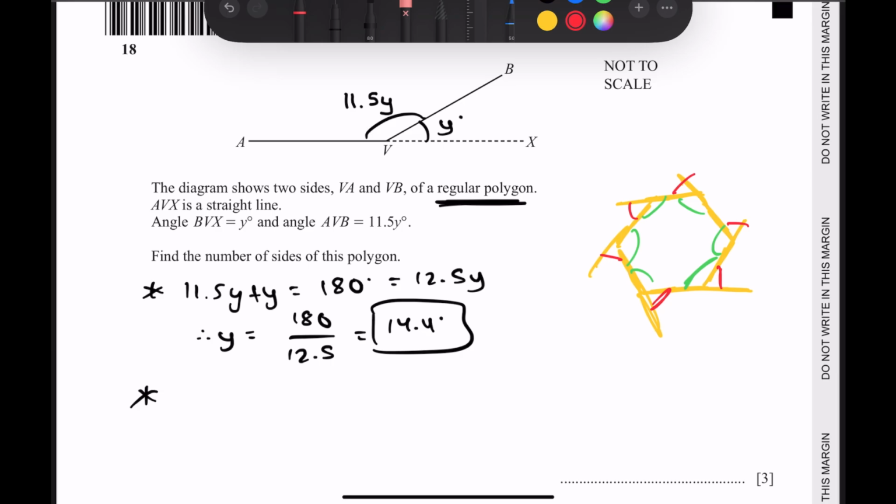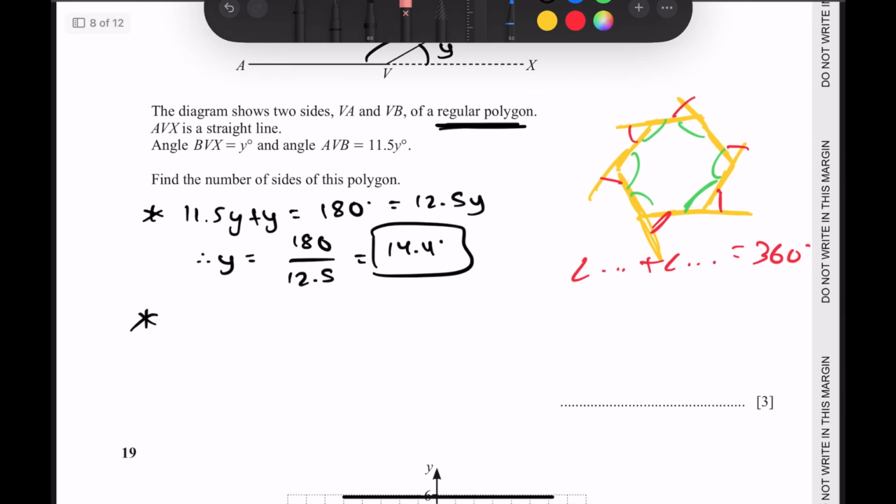So the sum of all these exterior angles will always be equal to 360 degrees, regardless of the number of sides, which means that if we have the angle of one exterior angle, which is in this case 14.4, and multiply by n, where n is the number of sides, this will be equal to 360 degrees.